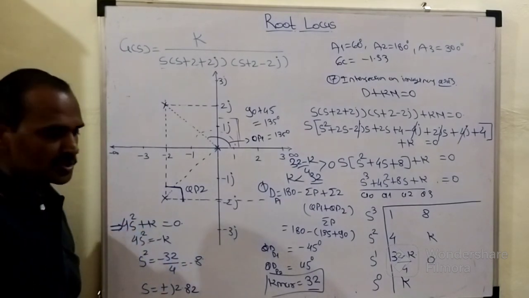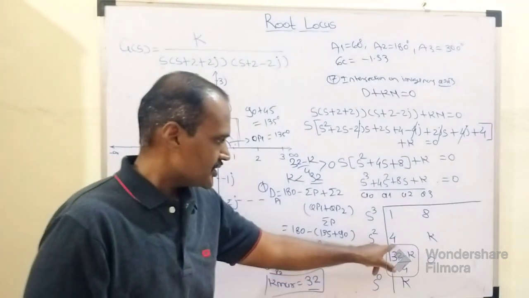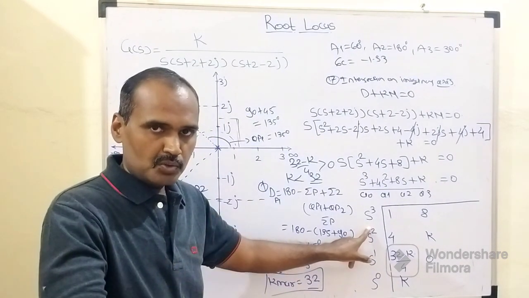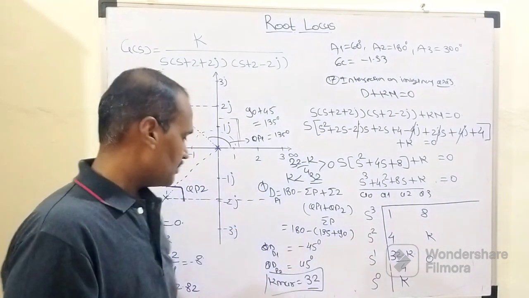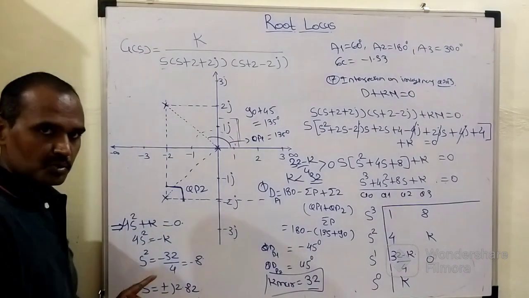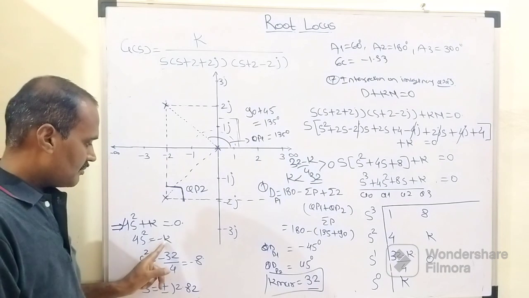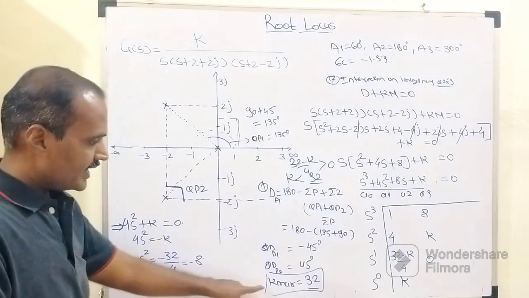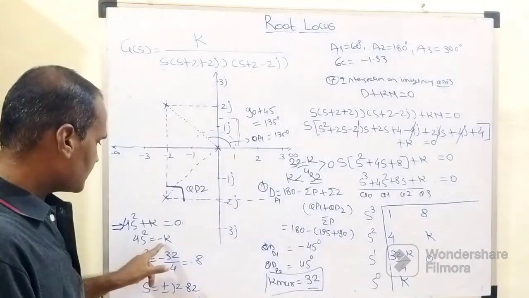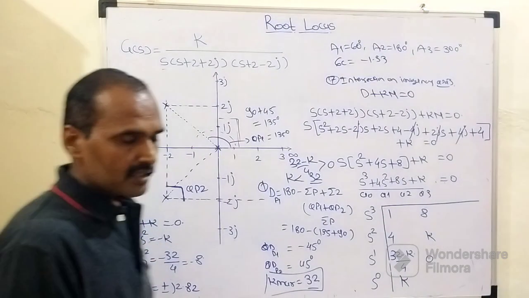See, the auxiliary equation equals 4s square plus k equals 0, because the coefficient of s raised to 2 is an even power, so the lowest even power apart from these two is 0. So it will become 4s square plus k equals 0. As we know, the marginal value of k is already tabulated, 32. So 4s square equals minus k.